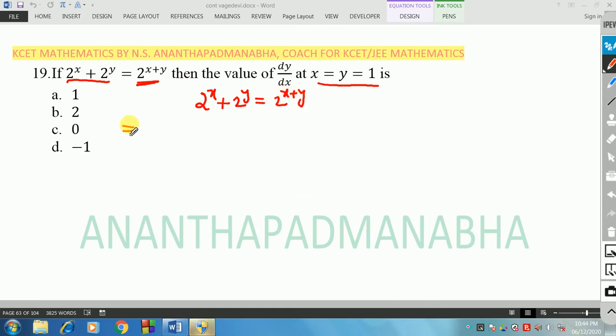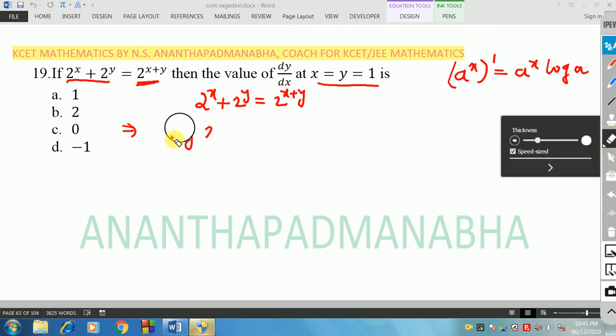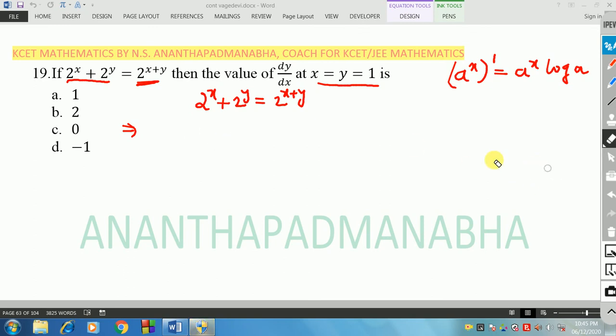We will differentiate. We know that the derivative of a to the power of x is a to the power of x into log a. Here in place of a I have 2. So when we differentiate 2 to the power of x, we get 2 to the power of x into log 2.